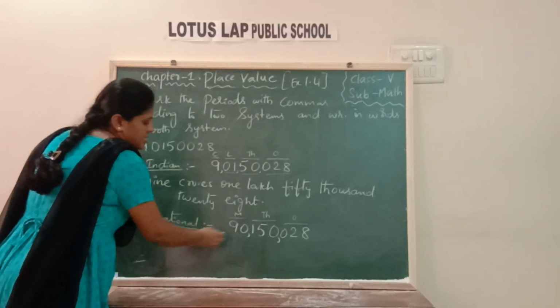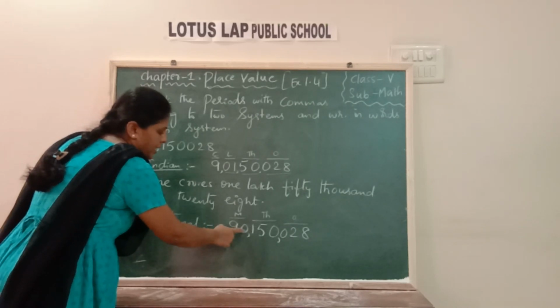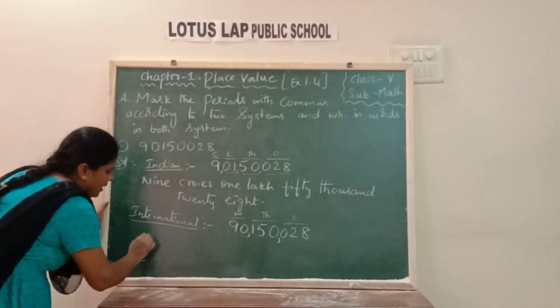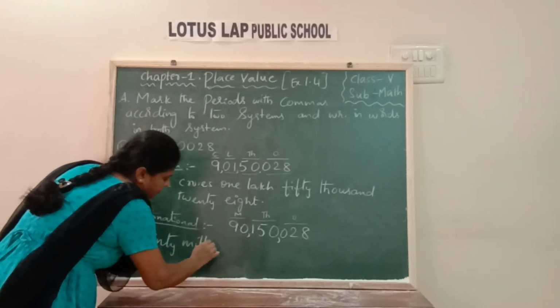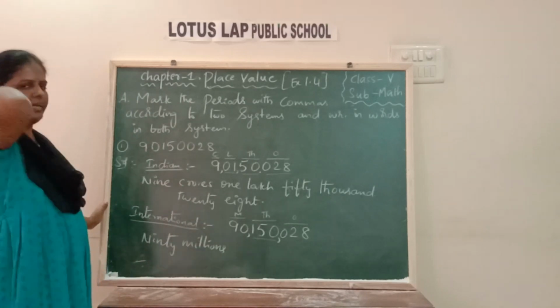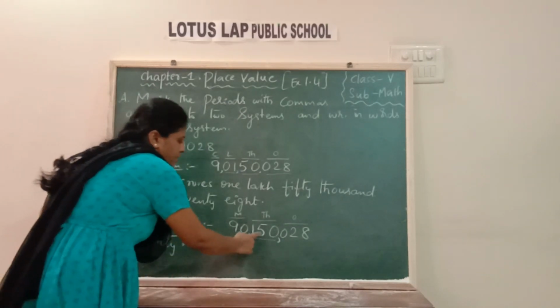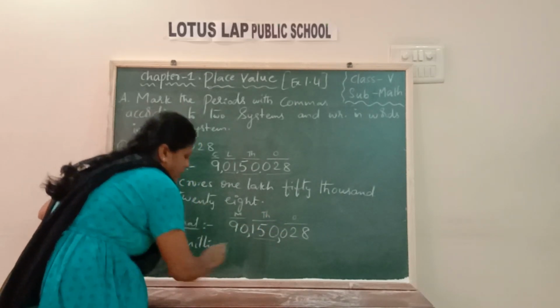So these 2 digits under the millions period read together: 90 millions. Next 3 digits under the thousands period, read them together: 150 thousands.